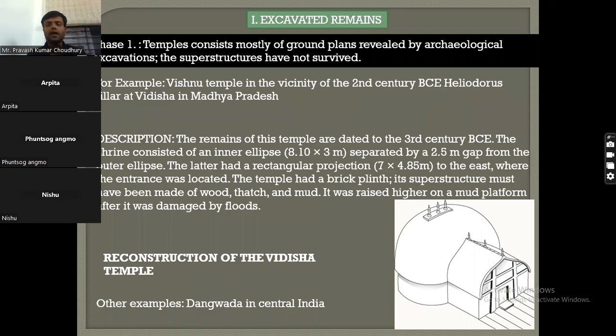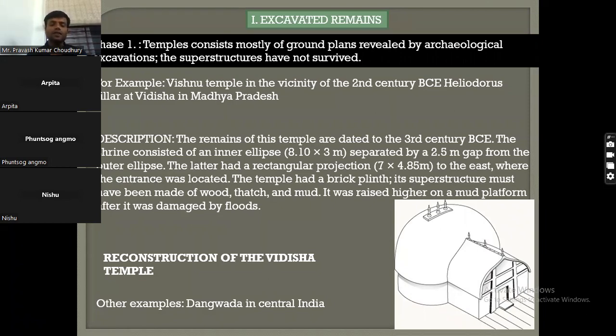So when we start talking about since when we have the existence of the earliest temple we are coming across in Indian subcontinent, for that, in the historical periods, the earliest remain is evident to us in the form of excavated sites from where we have some evidences of temple architecture.